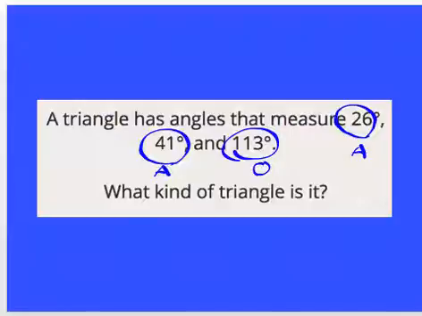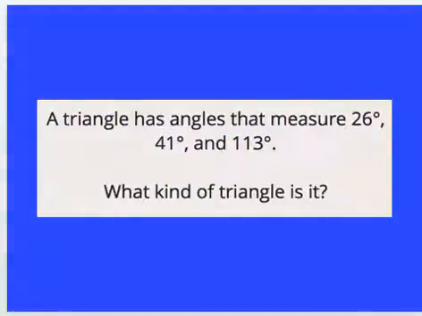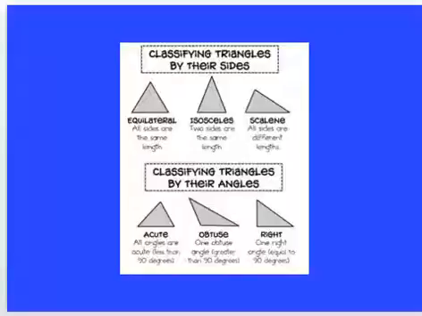Remember, as soon as you have one obtuse angle, we can call this triangle obtuse. I can't call this triangle scalene or isosceles or equilateral because I don't have any information about the sides of this triangle. I'm only given information about the angles, which means that I can only classify it by angles because that's all that I've been given information about.